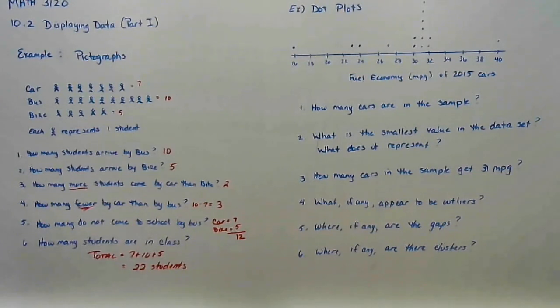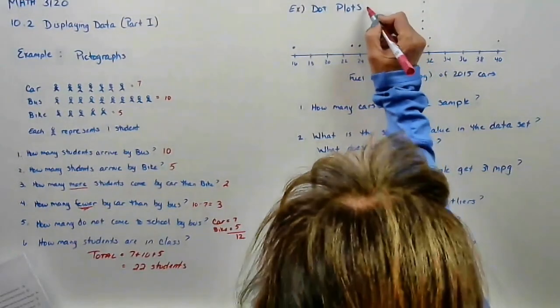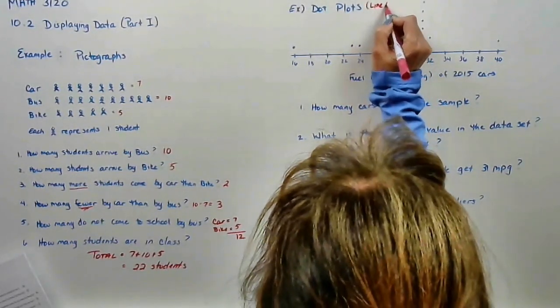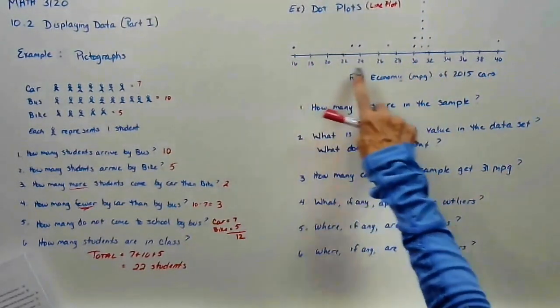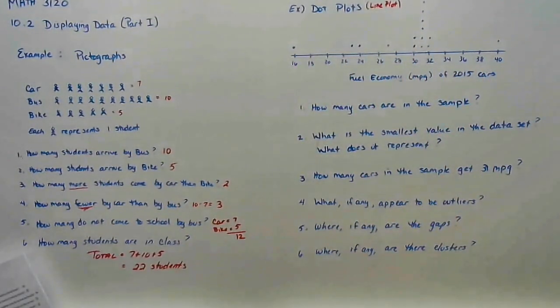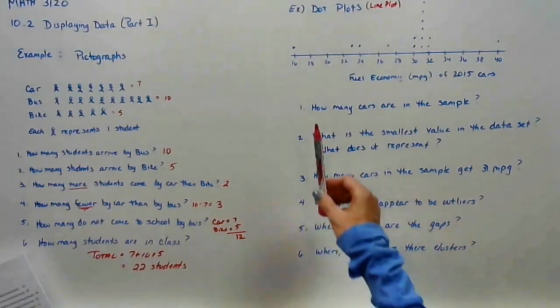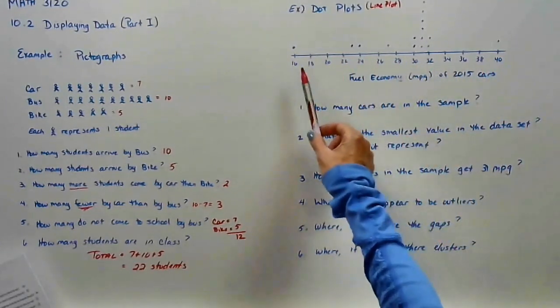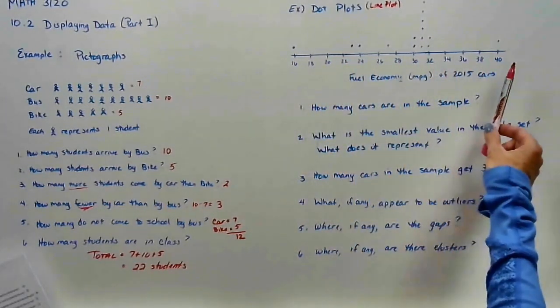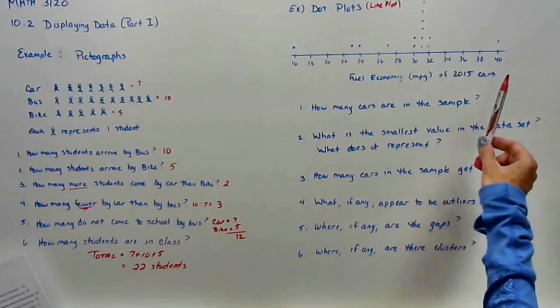Now a dot plot, and the example of a dot plot I gave you, sometimes you call it a line plot. The reason we call it a line plot is we've got our line that represents our data. I do this visually with quiz grades or with test grades. I put on here, say we had a quiz that went up to 40 and these were the scores, then I would draw little dots or X's to represent the scores.